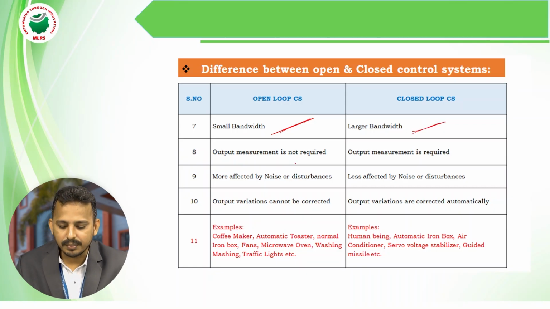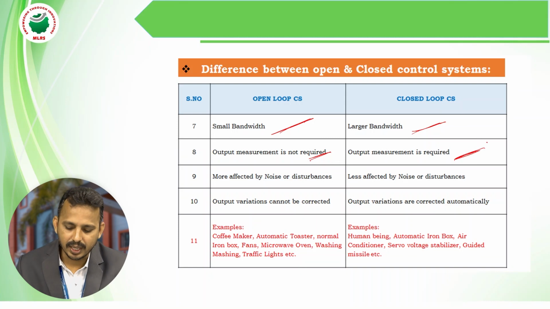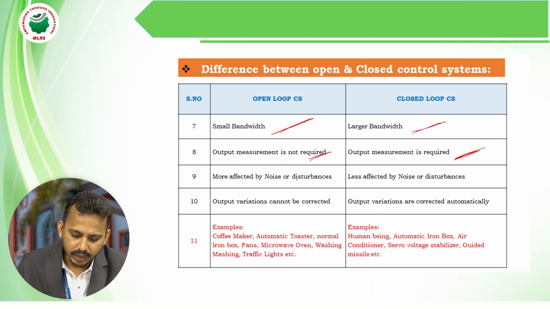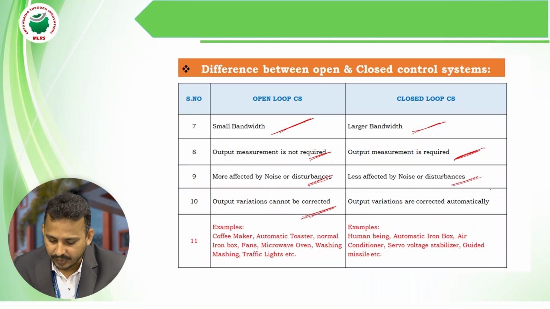Output measurement is not required in open loop, but output measurement is required in closed loop by using a feedback link. An open loop system is more affected by noise or disturbance, and a closed loop system is less affected by noise or disturbances.